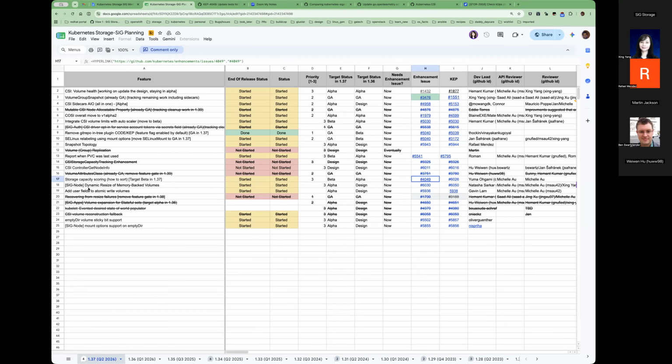Next one is dynamic resize of memory backed volumes, like emptyDir. I think this one is being reviewed, and you said it is on your review queue as well. But I think a majority of the review has to come from the Node team also, right? Did anyone from the Node side review this?